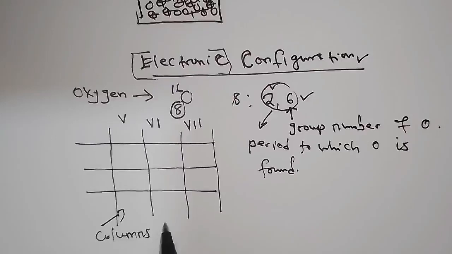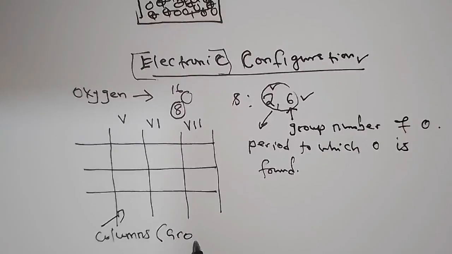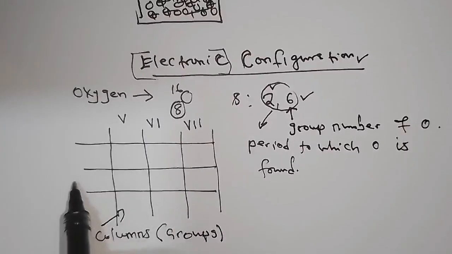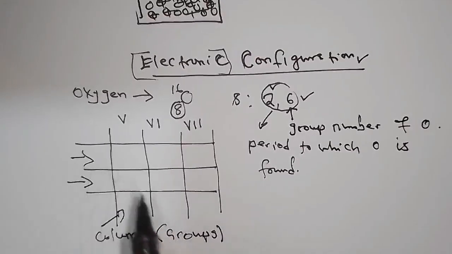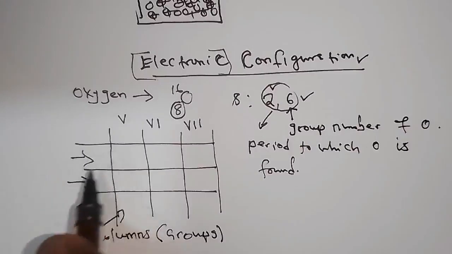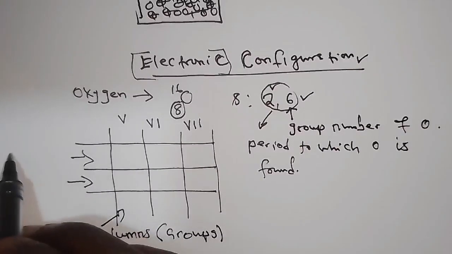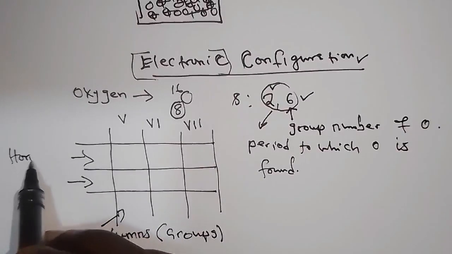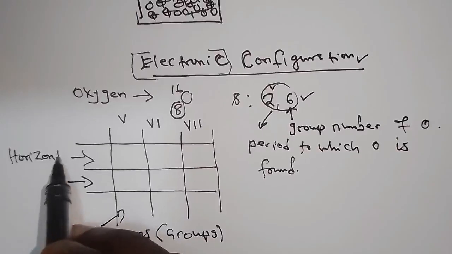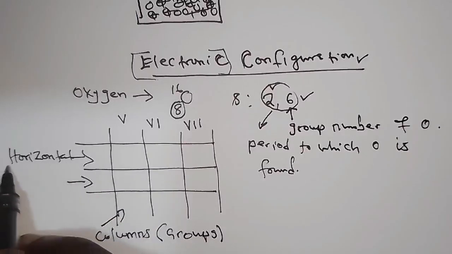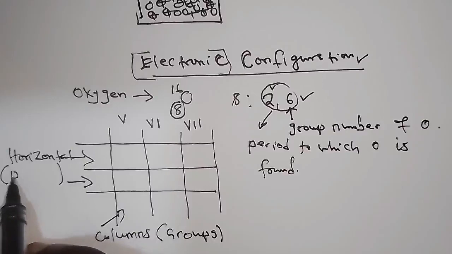These are columns, also called the groups. And then these horizontal ones, these are called the horizontal lines, also known as the periods.